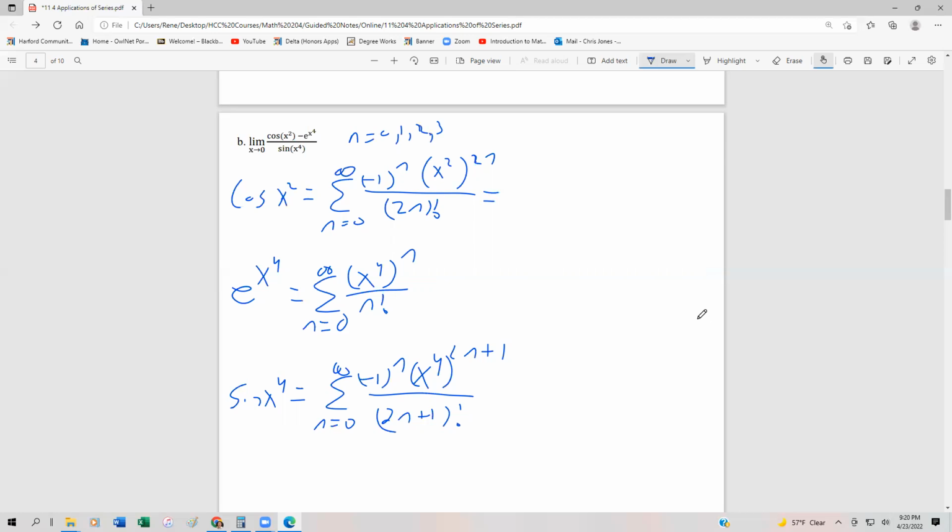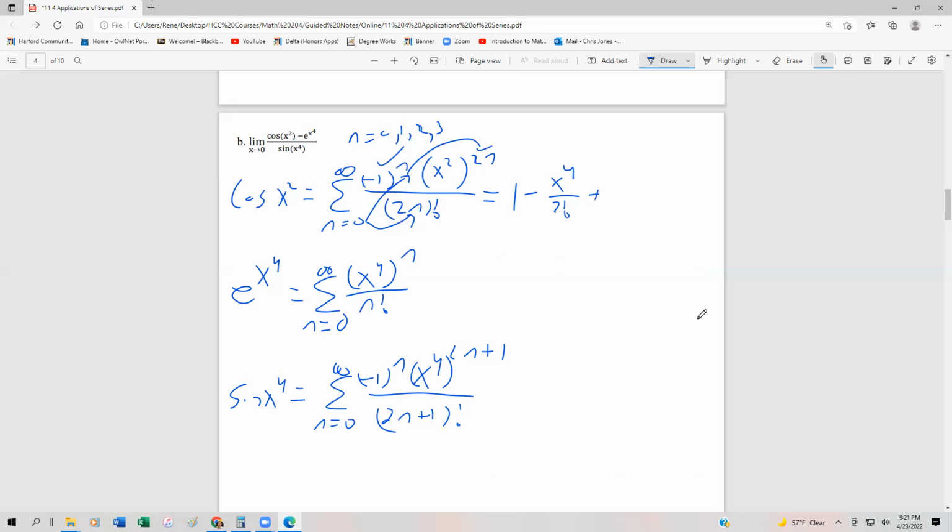So for instance, when we substitute 0 back in, this is just going to be 1. And we substitute 0 back in for all of these. Then if we substitute a 1 back in, that's going to be a negative from here. We're going to have x squared squared, so that's x to the fourth, over 2 factorial.